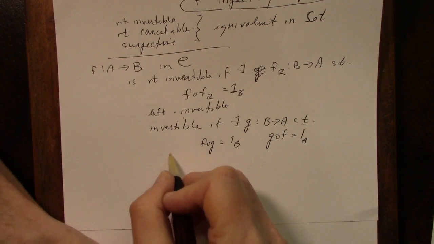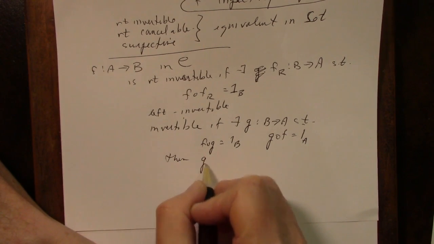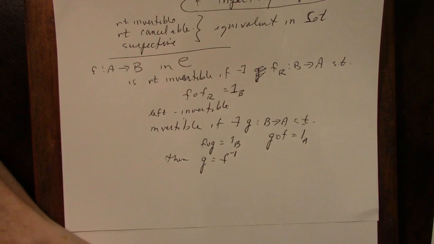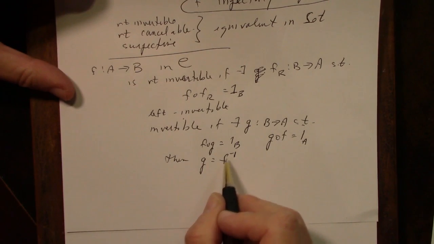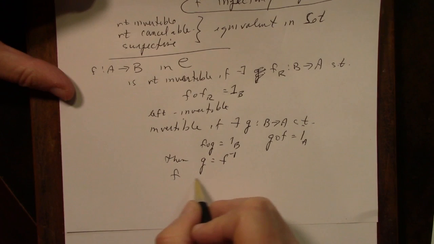And then G will often be written F inverse. Okay, so that's called a two-sided inverse. F then is also called an isomorphism.